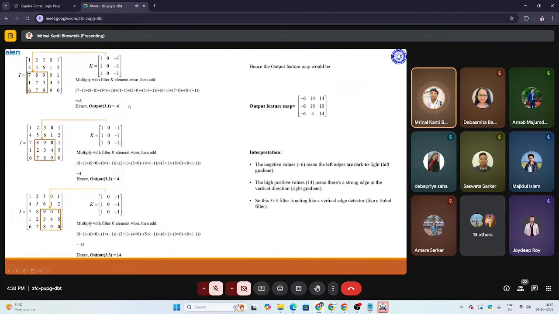Here the interpretation, or summary, is that the convolution operation gives negative values for some outputs and positive values for others.